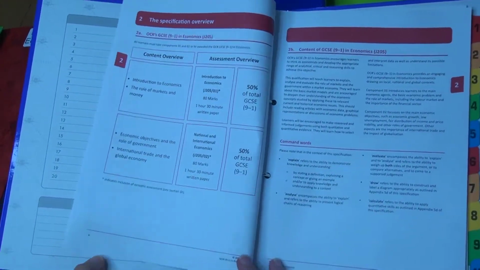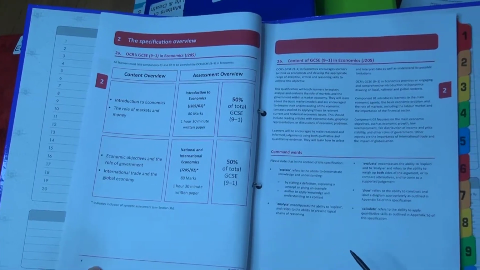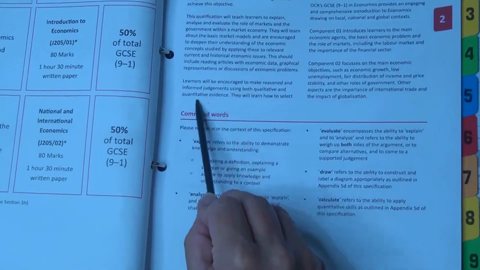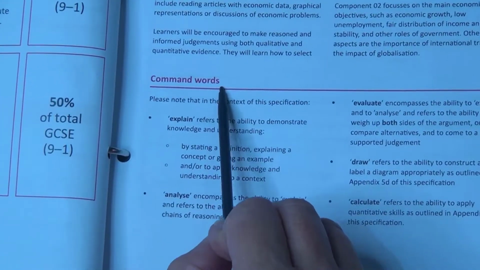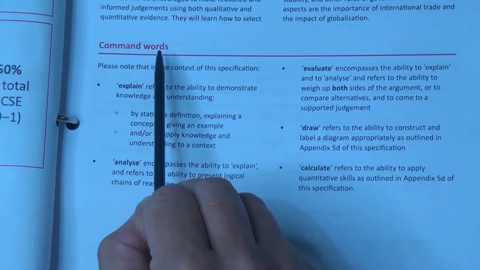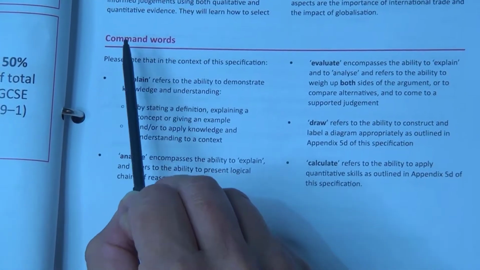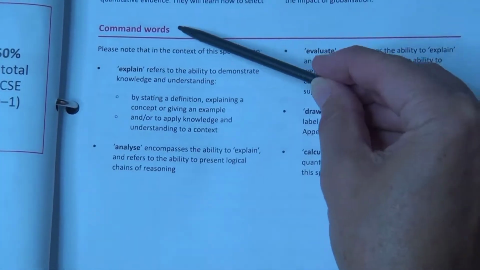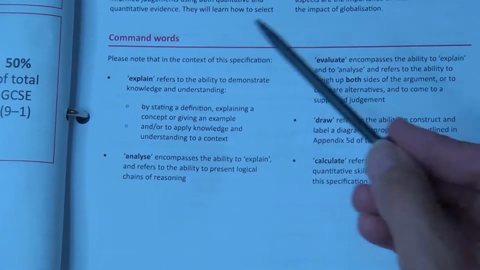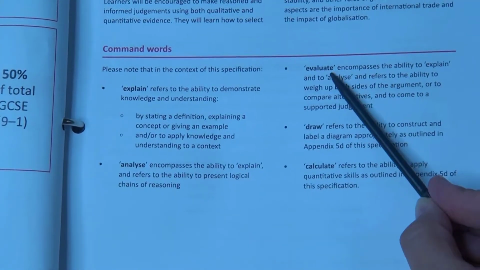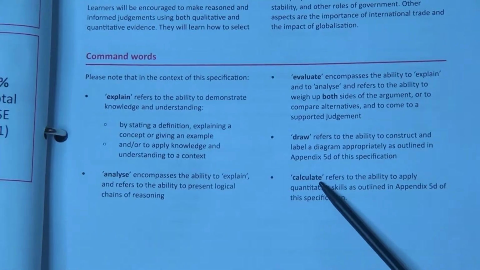Now, the kind of things that are extremely useful in these documents is something like this. I'm going to be spending another post explaining in more detail about this, but command words are something that we need to make sure our sons and daughters understand, because these will vary in different exams. So, for example, the command words are explain, analyse, evaluate, draw, calculate.